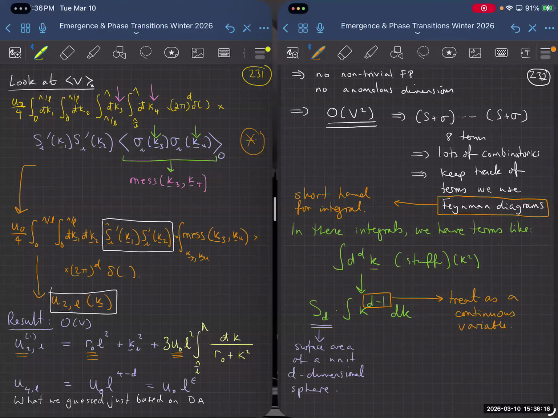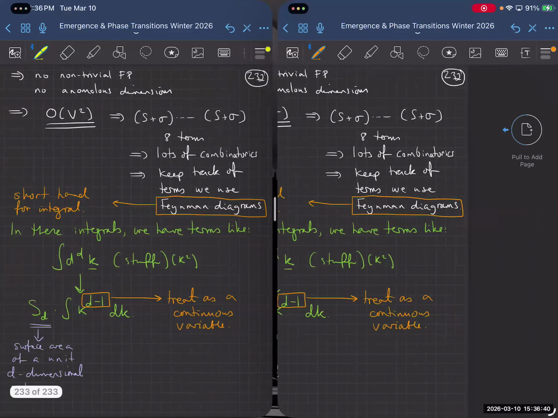If I tell you I've got the integral dk of k to the d minus 1 times some function, then it's just an integral that I have to do. d can be anything I like, and I do the integral. At the end of the day, I'll set d equal to 3 or whatever. So that's the trick where we treat d as a continuous real variable. Now I'm going to tell you what you get after you've done that.